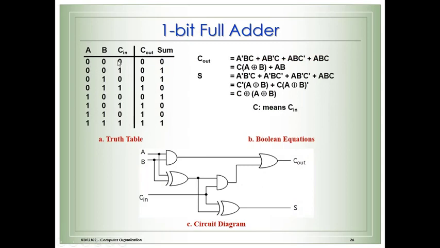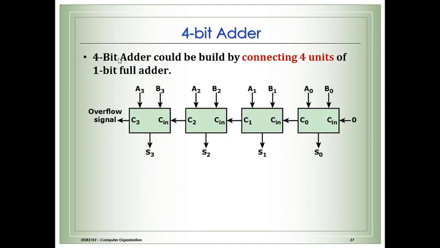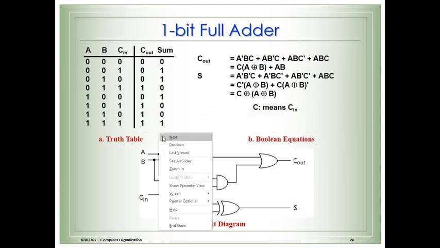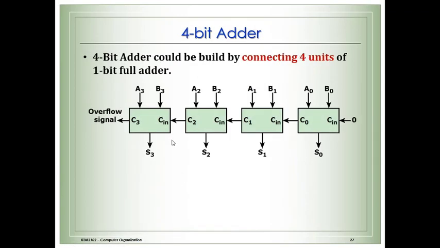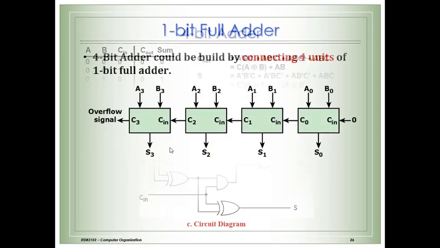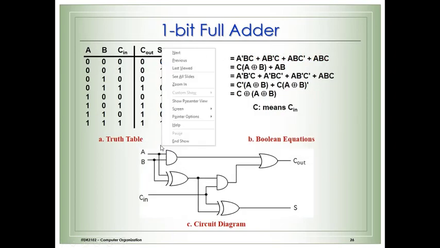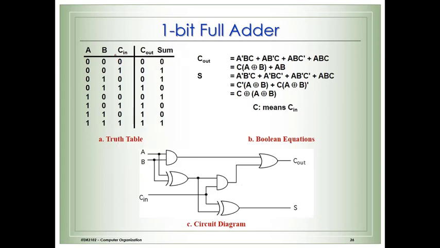We have A, B and C in. C in is our third input. Means for A and B, whatever carry we get, we supply this as an input to the next half adder. So here we have A, B and C in.